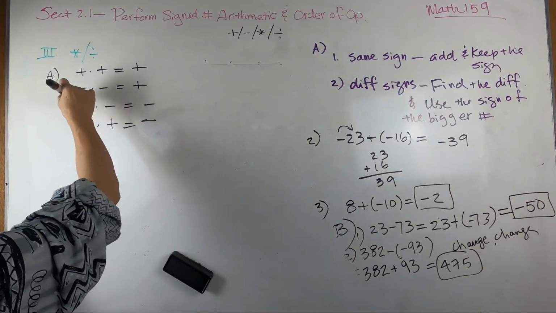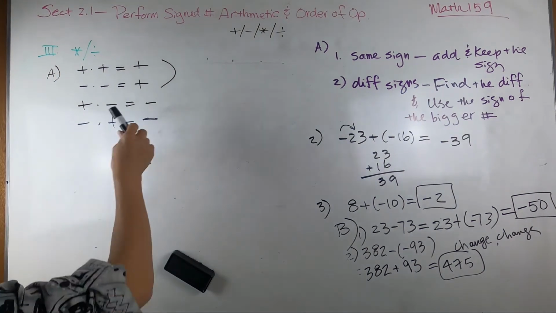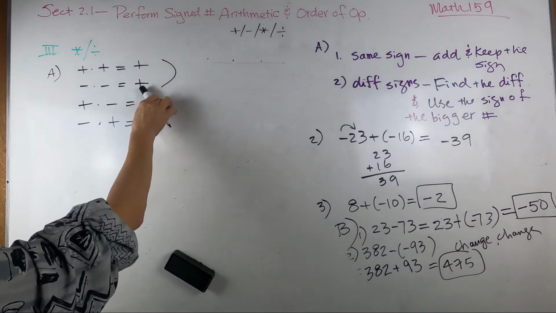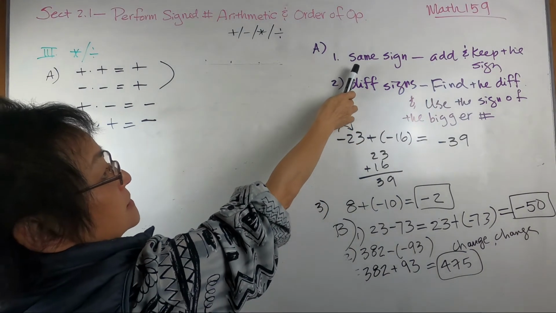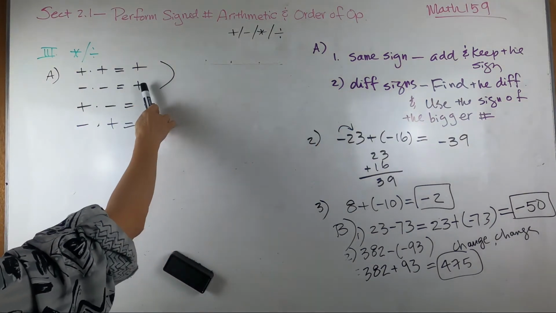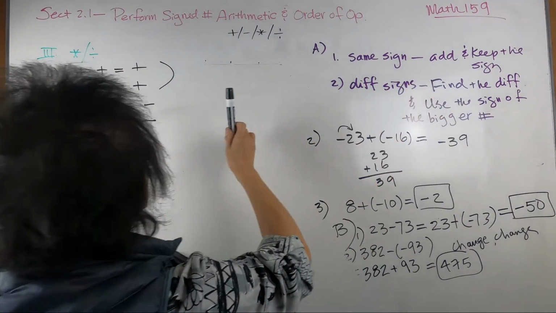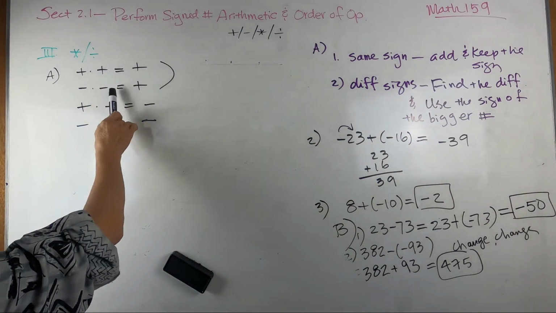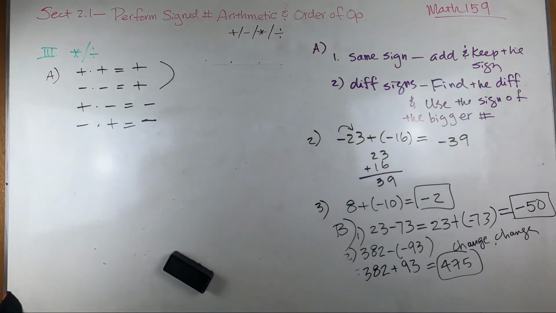Negative. That means if it's the same sign multiplied together, it becomes positive. It's different from adding and subtracting. Adding, same sign, if both negative, you add it together, still negative. Okay? Keep the sign. But multiplication, if you have same sign, it becomes positive.